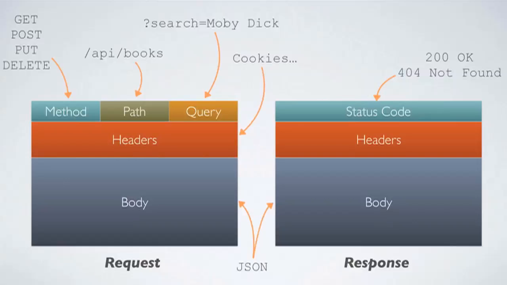So the request has a method, typically get, post, put, or delete in case of REST. And there's the path where you specify what you want to access on the server, and there's the query of the request where you can specify additional parameters.